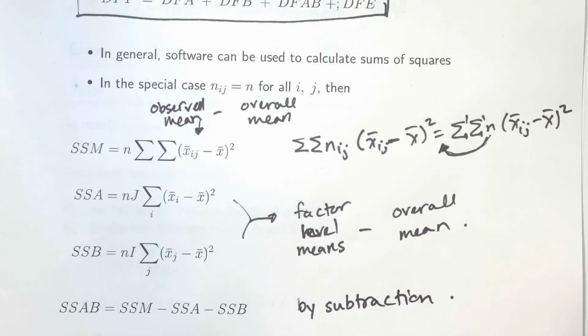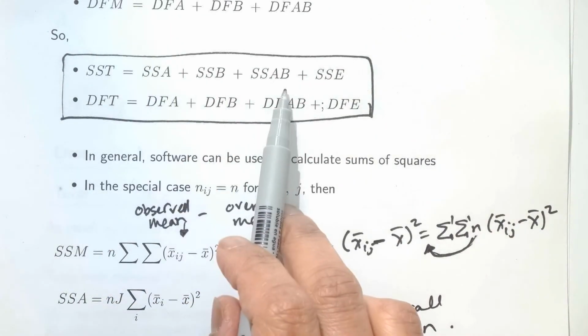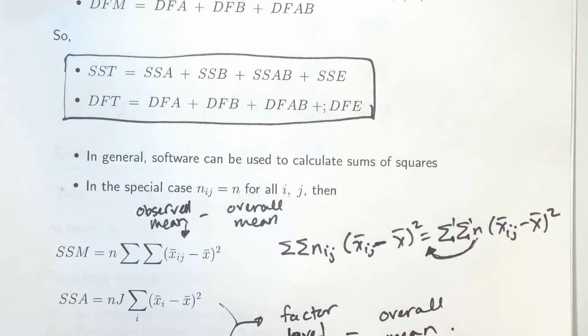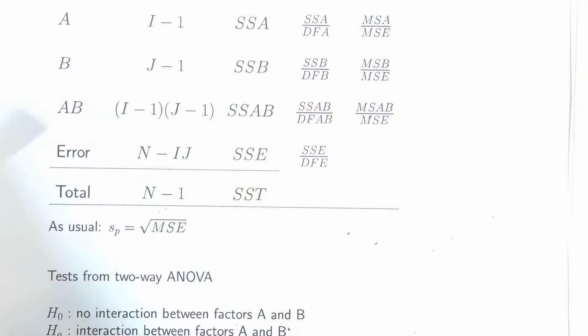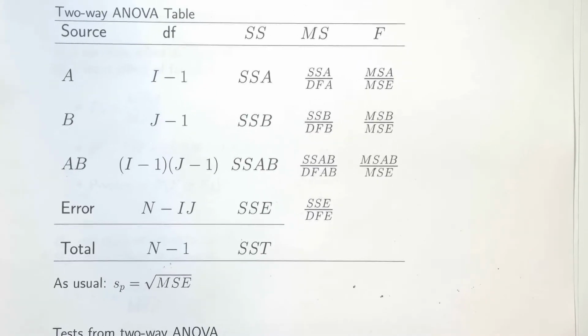So that gives us almost all of the pieces in here. We also already know how to compute the sum of squares total. So with that, we know how to calculate the sum of squares error. So here's what our ANOVA table actually looks like.